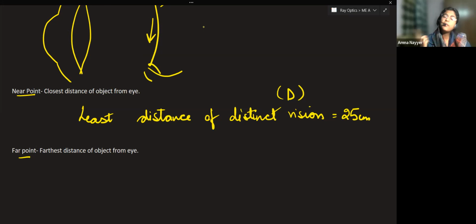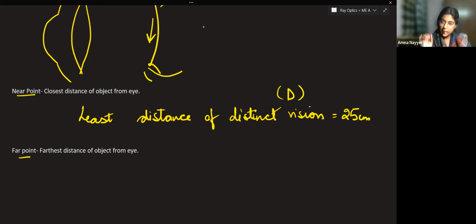Now opposite to it, far point. How far can your eyes see? 5 meters, 10 meters, 18 meters, 100 meters, 1,000 kilometers? Obviously, it is infinity. See, are you not able to see the moon? Are you not able to see the sun? Celestial objects are visible to you as well, right?